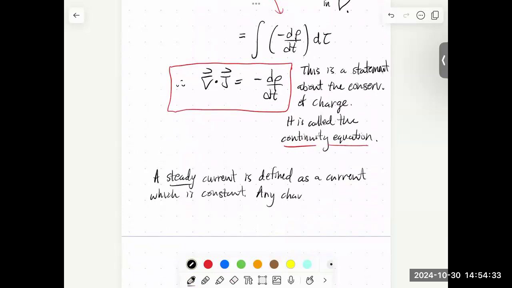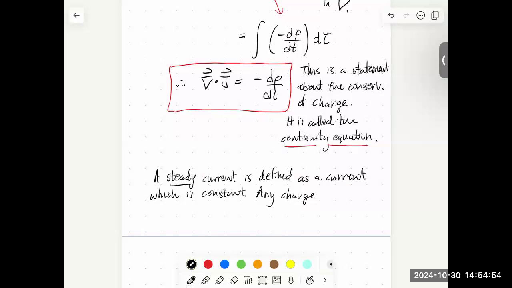The only way you could have a constant current is if you keep replenishing the charge, because if I wasn't replenishing the charge, then if I have a current flowing and it keeps exiting my volume, eventually that volume is going to be depleted of all of its mobile charge, and it can't possibly maintain that steady current.